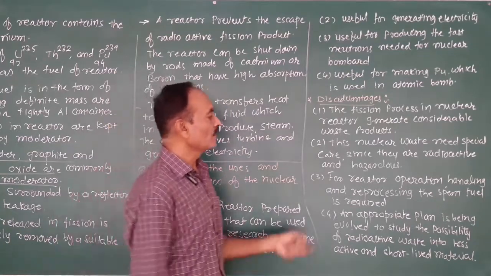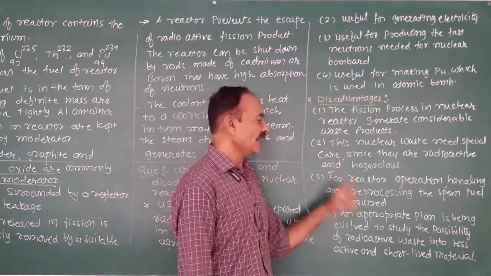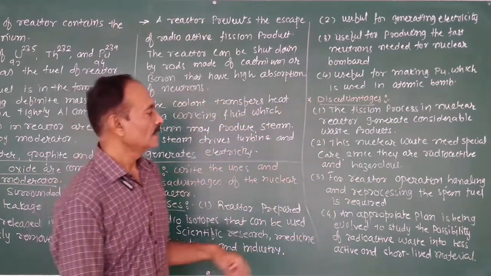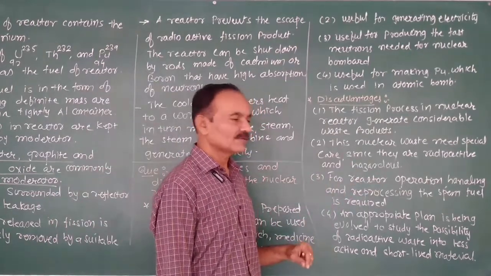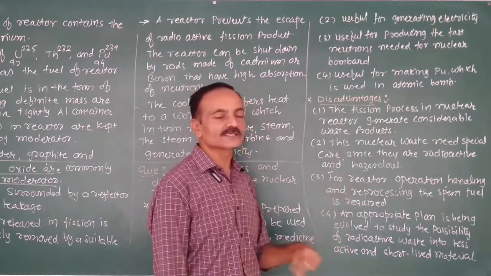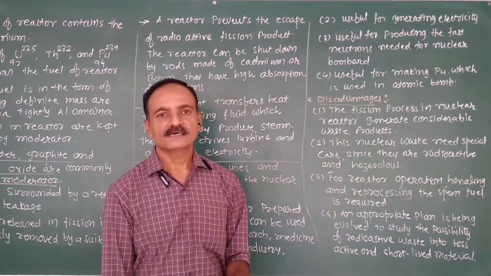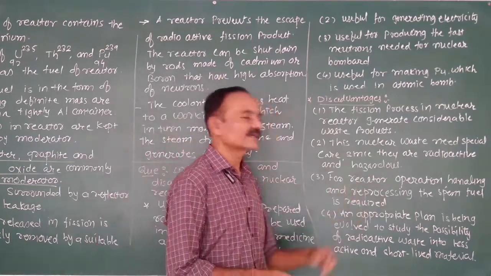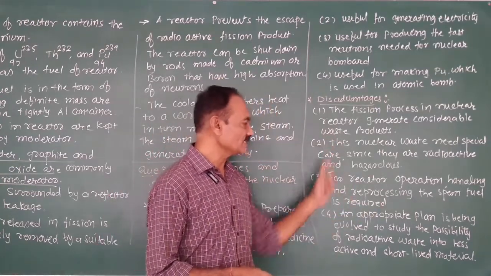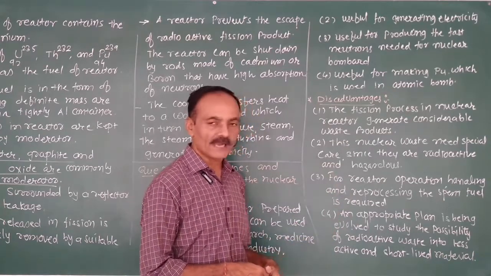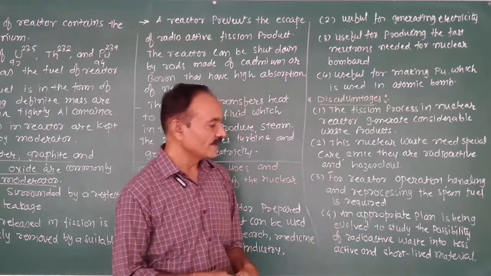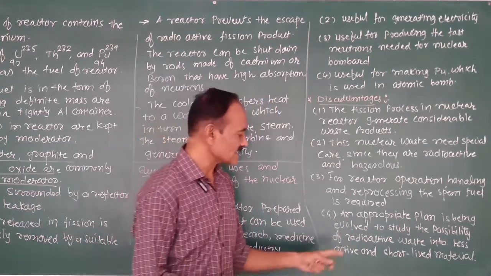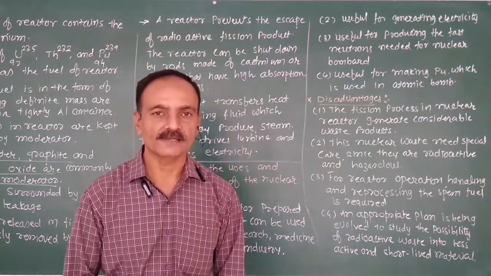Third, for reactor operation, handling and reprocessing of the spent fuel is required. Extra fuel is also required. The fourth disadvantage is that an appropriate plan is being evolved to study the possibility of converting radioactive waste into less active and short-lived material.